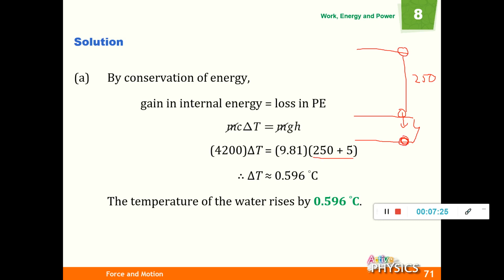KE change will be 0. Everything should be related to the GPE only. The total height difference will be 250 plus 5. This one will be the GPE loss, converted to the energy gained by water, mcΔT. After the calculation, you can find out this.